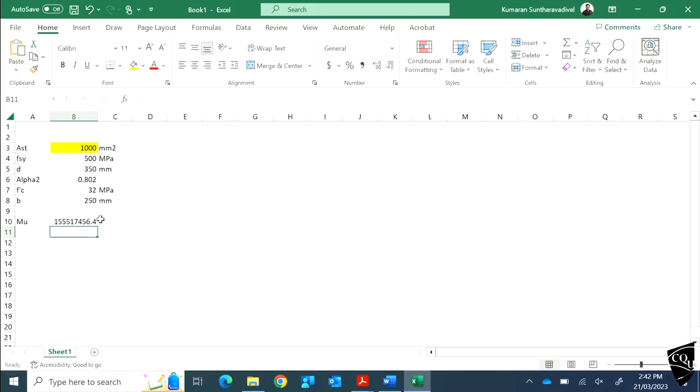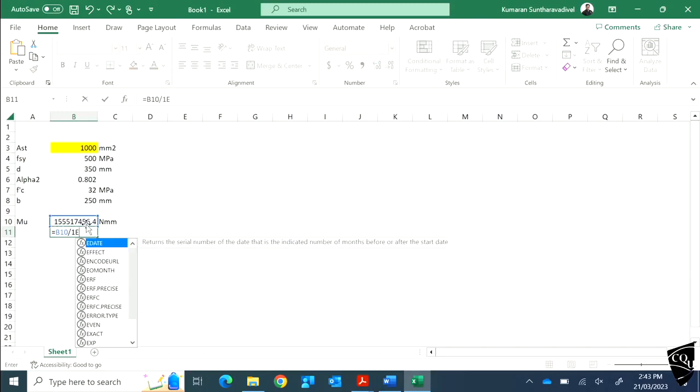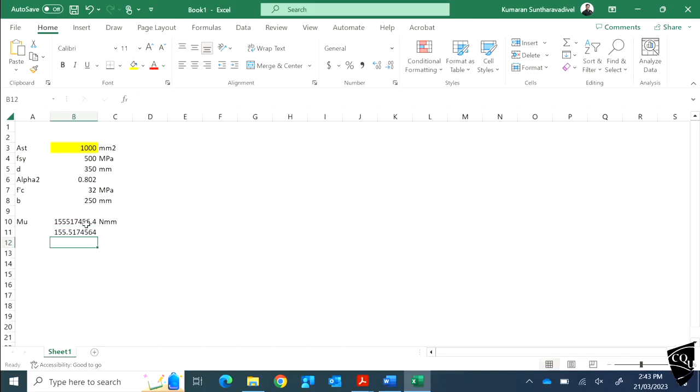So what is the unit of this? It's Newton millimeter. We need to divide by 10 to the power 6, so you get kilonewton meter.